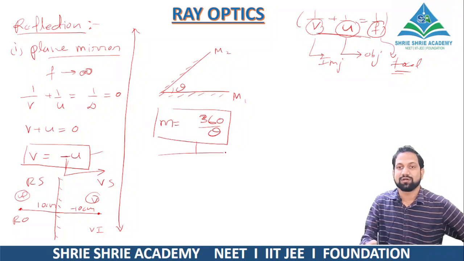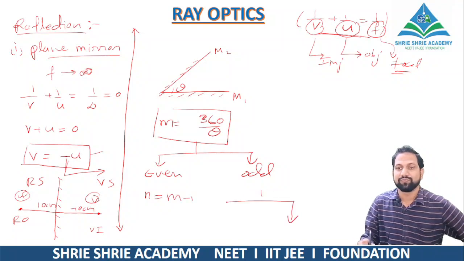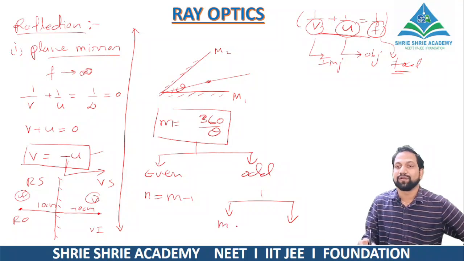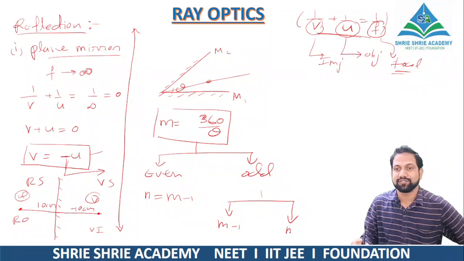If this is odd number and even number, there are two possibilities. If it is even number, the number of images will be m minus 1. Odd number, then there are 2 again. If it is odd, then the object is lying on the bisector, okay, then m minus 1. If object is not lying on bisector, then it is equals to m.